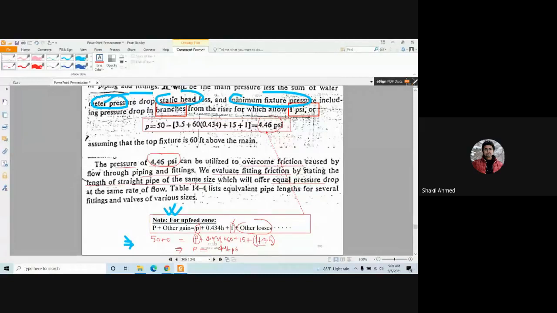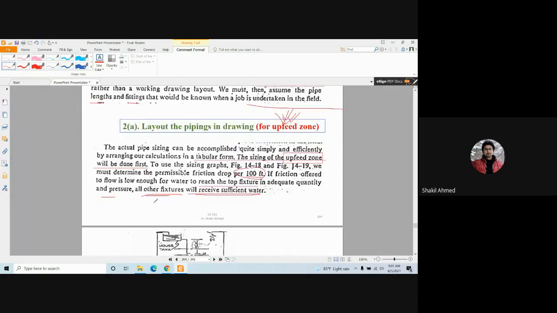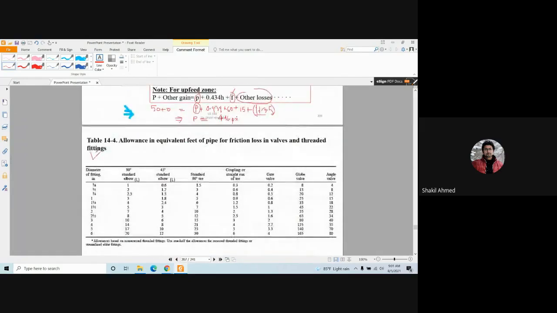We evaluate fitting friction by stating the length of the straight pipe of the same size, which will offer equal pressure drop at the same rate of flow. Table 14.4 lists equivalent pipe lengths for several fittings and valves of various sizes. So go to table 14.4 here.